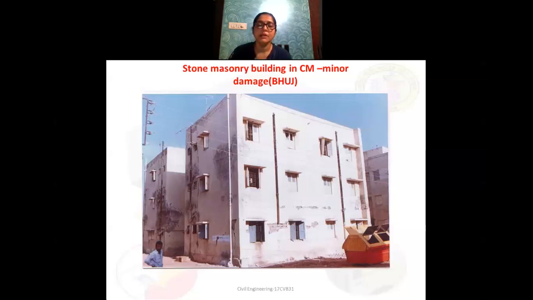The reason may be that the building frequency is lower than the earthquake frequency, and the quality of materials used here, the quality of the stone and the cement mortar, is good. Hence it performed well during the Bhuj earthquake. We can see only minor cracks, and that can be retrofitted.